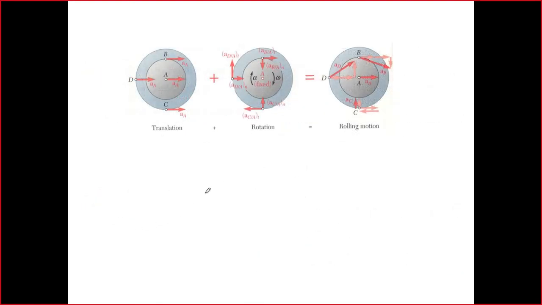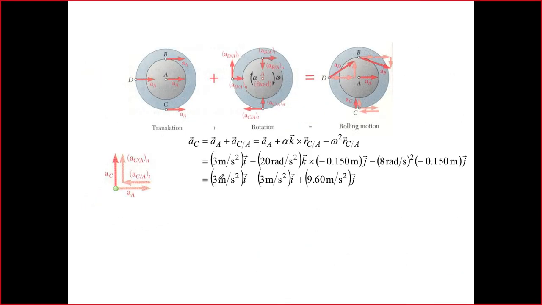So for AD, okay, fine, AC first. Again, for C as well, we're going to use A as our base point. So here we see that AC just turns out to be 9.6 in the J direction, ऊपर की तरफ. So AC is this one.